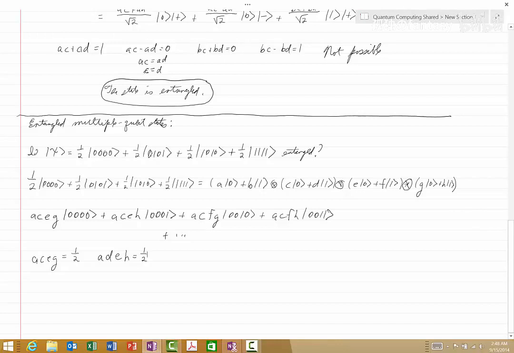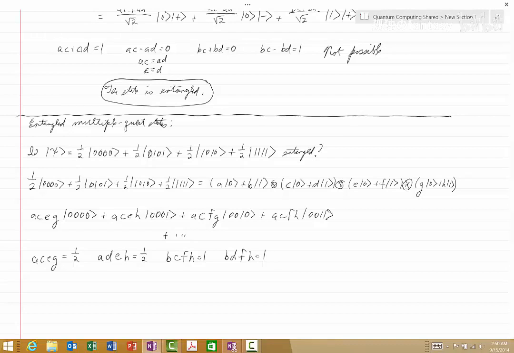Okay, if the first qubit is 1, that means B. The second qubit is 0, so that's C. The third qubit is 1, so that is F. And the fourth qubit is 0, so that is H. So BCFH is 1, and then finally 1,1,1,1 is B, D, F, H. So of the 16 terms that we would obtain, these 4 must be equal to 1, but all of the others must be equal to 0.